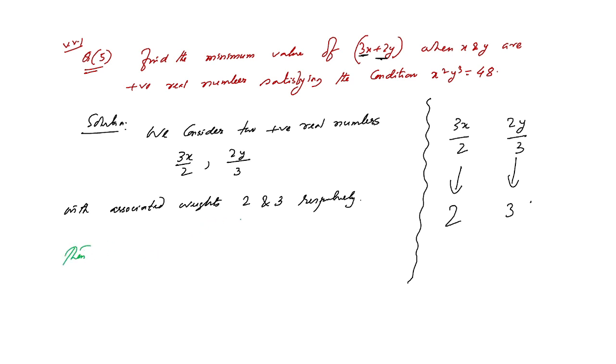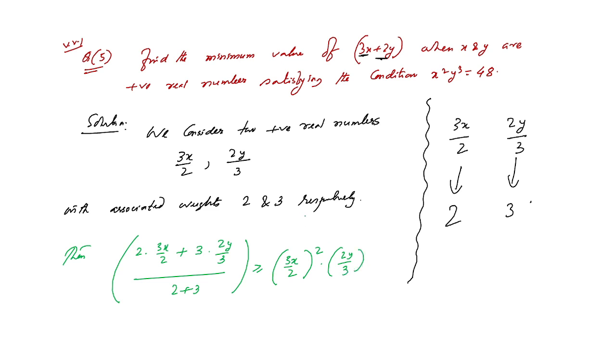So then P1 A1, that means 2 into 3x by 2 plus 3 into 2y by 3, by 2 plus 3, P1 plus P2. This is greater than or equals to 3x by 2 whole to the power 2, A1 to the power P1, next A2 to the power P2. This is your P1, this is your P2, this is your A1 and this is your A2.